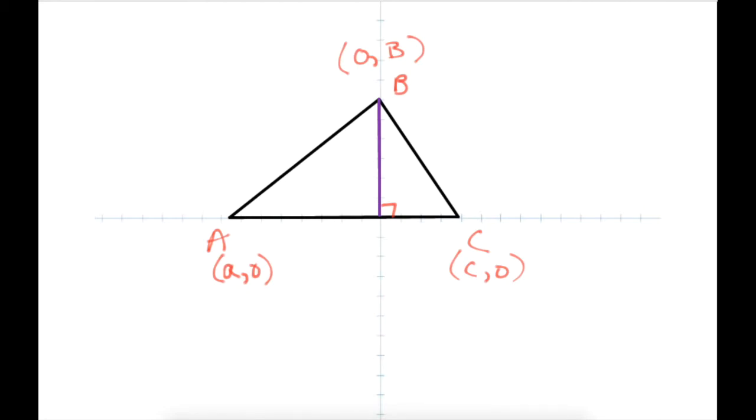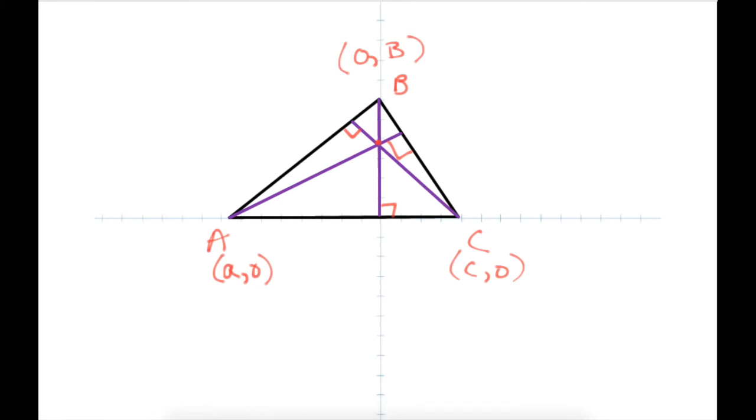Okay. So when I draw my altitude from A to the other side, it's drawn perpendicular to BC. And we're going to have to find an equation for that based on our variables. So what I want to do is show that these all intersect at the same point. That's the fun part.